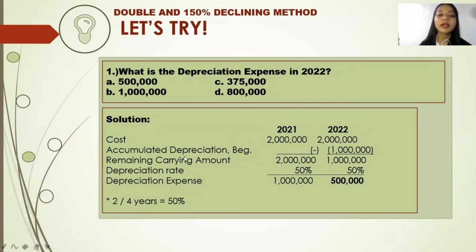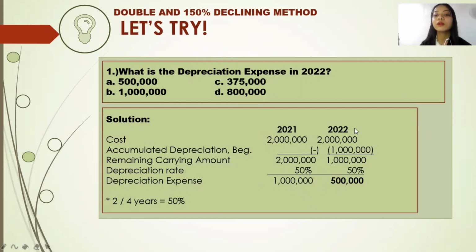Over 2 million ang remaining carrying amount natin, times 50% na depreciation rate. Paano natin nakuha itong 50%? 2 kasi double declining, over 4 years na useful life natin, equals 50%. So, the answer ng 2021 is 1 million.